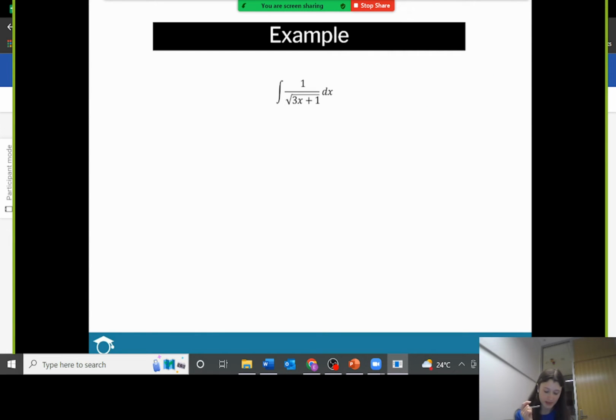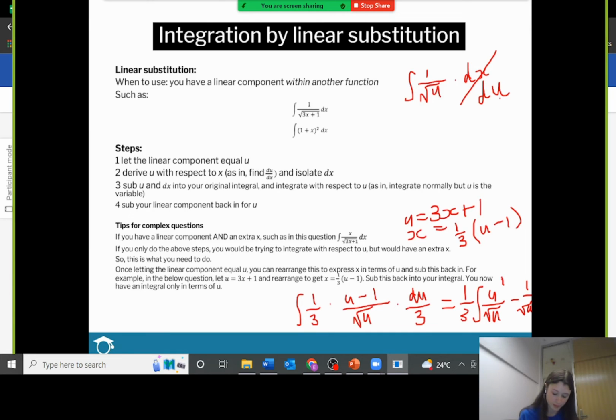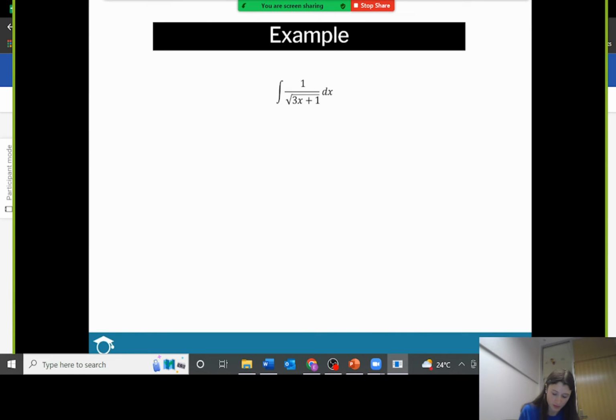Okay, this is our example here. So let's start here. Our first step, remember, was letting u equal the linear component. So we would let u equal 3x plus 1.